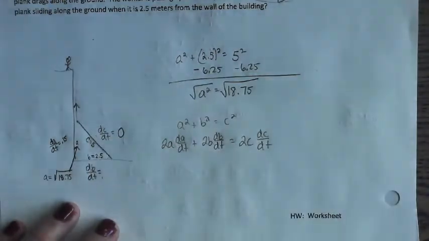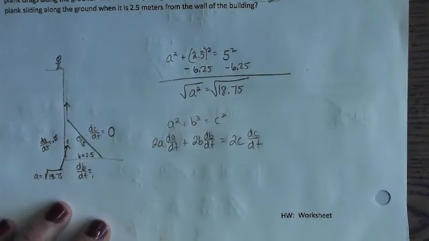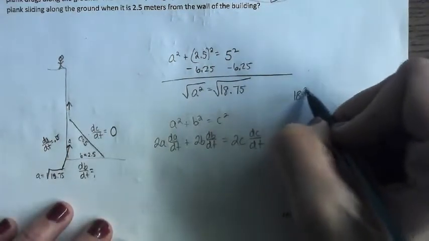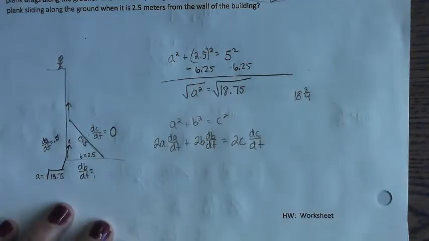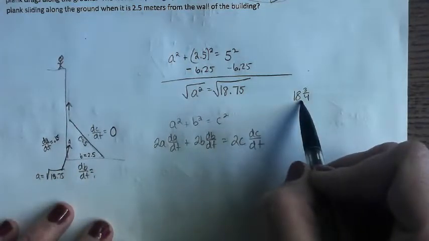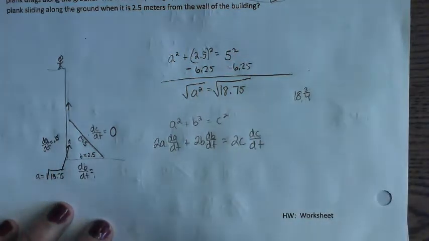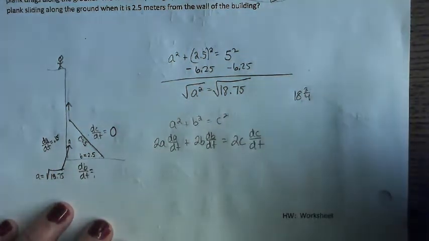So the only way we might get away with not using a calculator is if we made, what could we make 18.75? 18 3/4. 4 times 18, 20, 40, 60, 80, 72, 75 fourths. That's a beautiful number to take a square root of, isn't it?